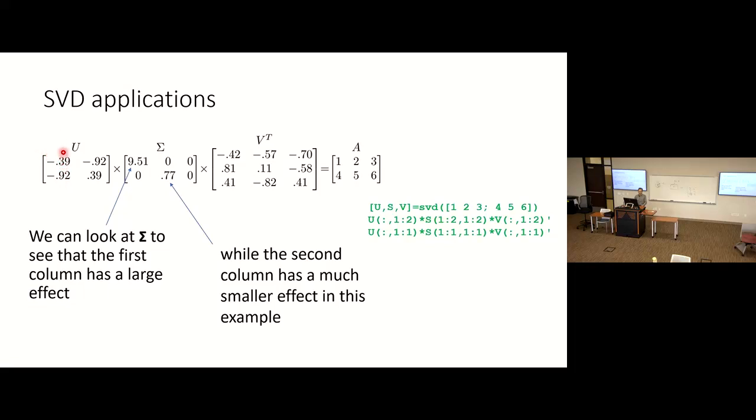What you can do is use this column, multiply by this value, and multiply by this row. Maybe this column, because it's transposed. So I can give it a try in MATLAB to see whether I can use the first component to reconstruct this very closely.